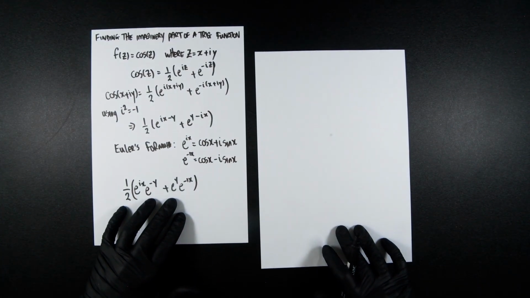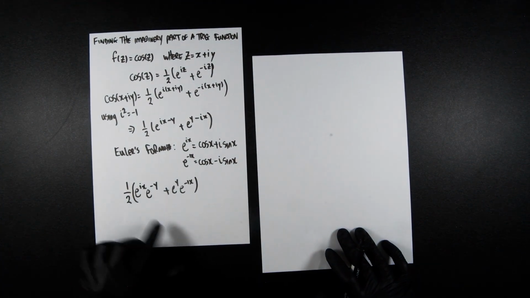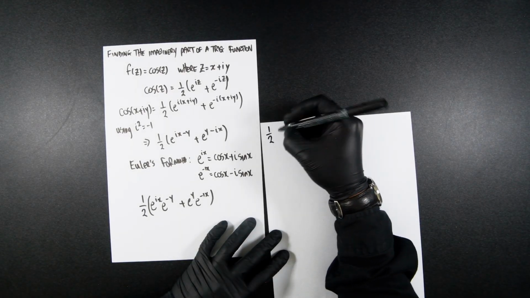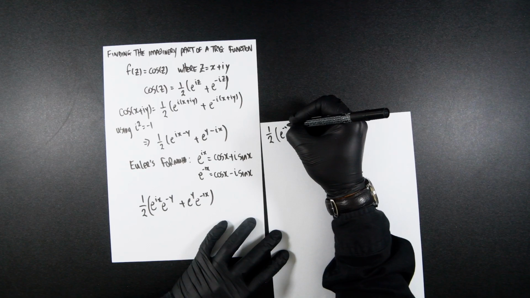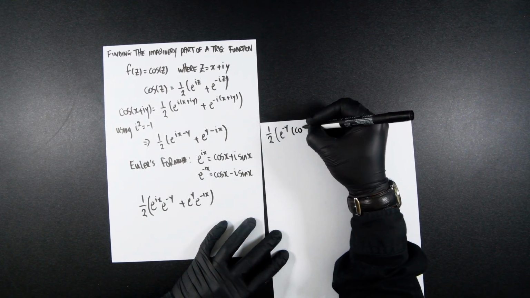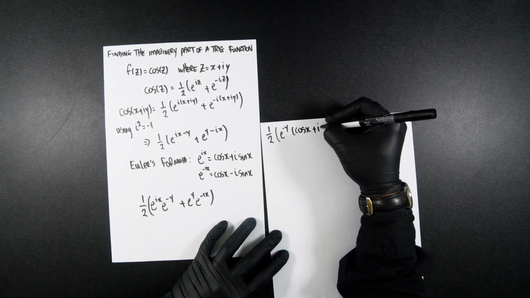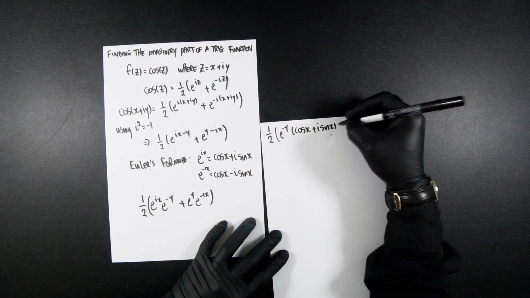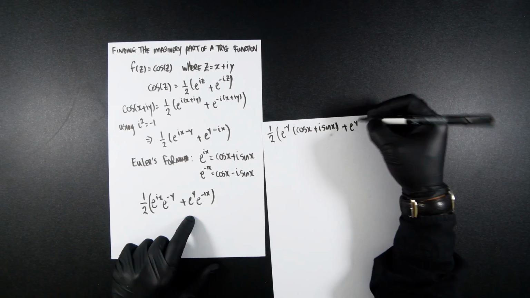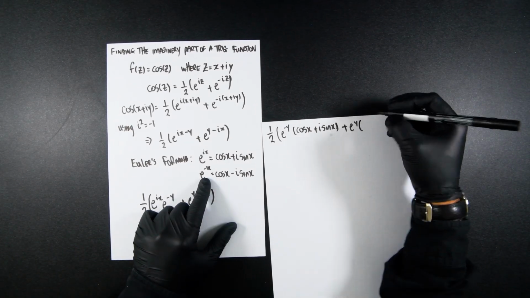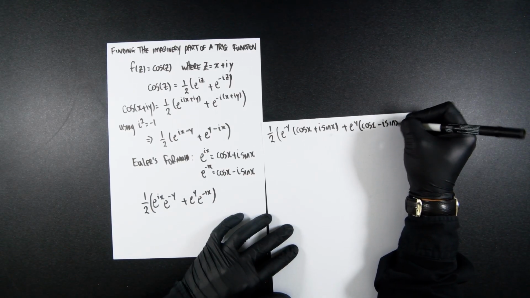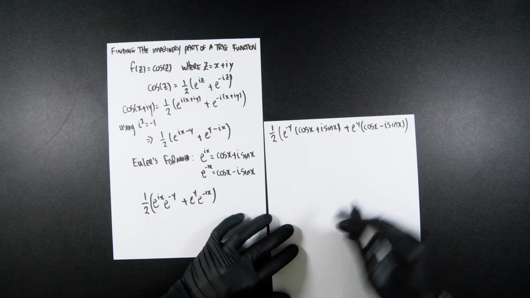Now let's start substituting it in and making this a bit simpler. We now know that half e to the minus y, where e to the ix is just cos x plus i sin x, then we have plus e to the y, and e to the minus ix, which is going to be cos x minus i sin x.